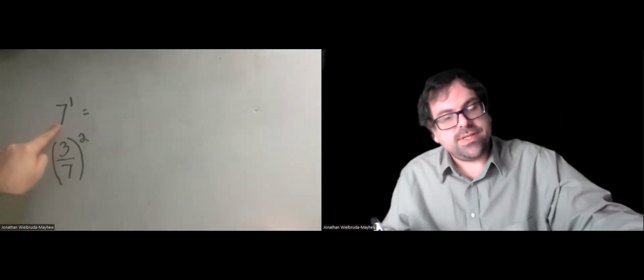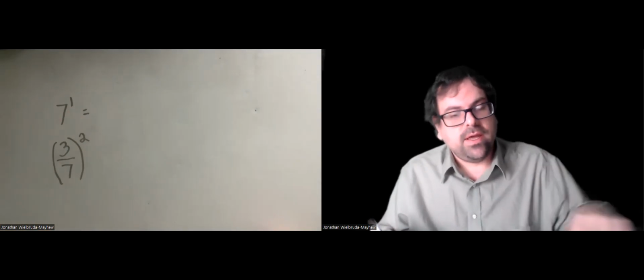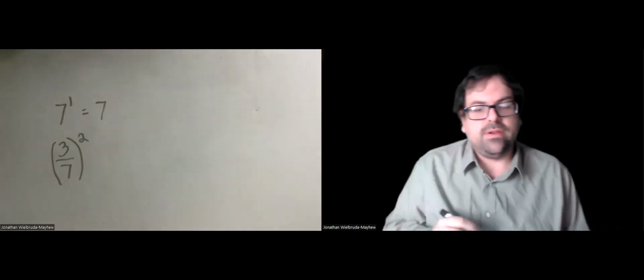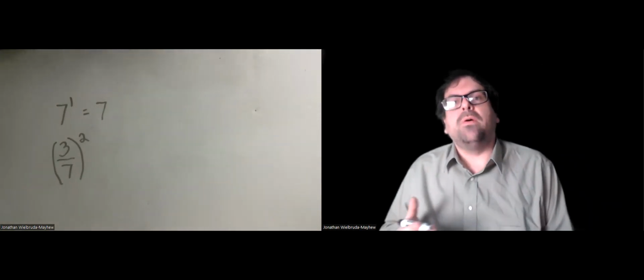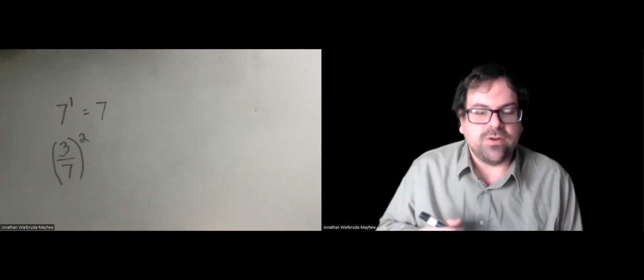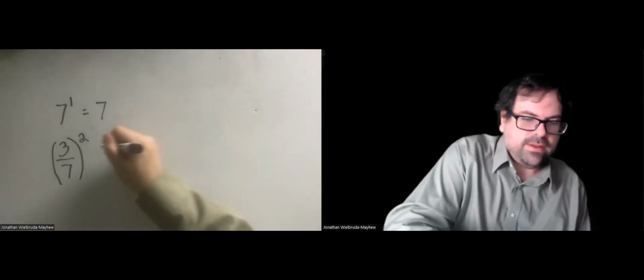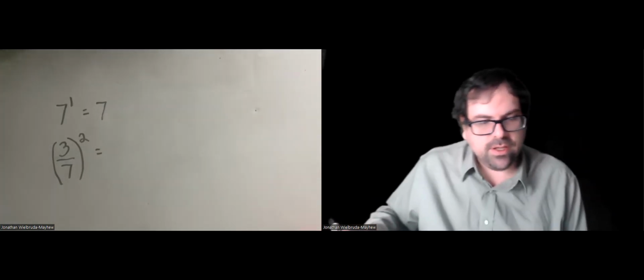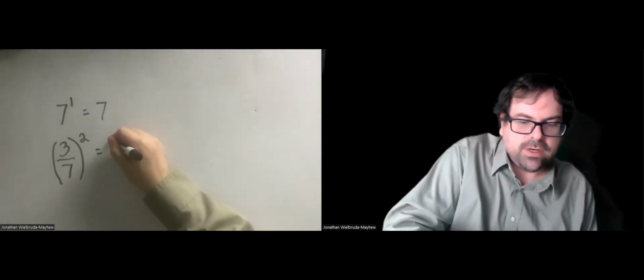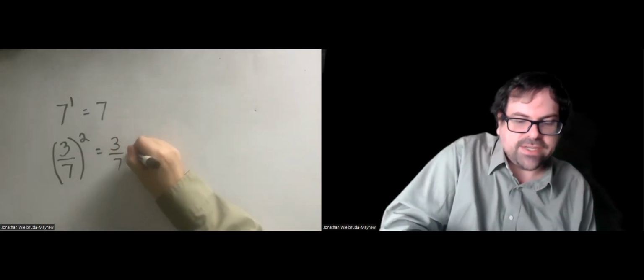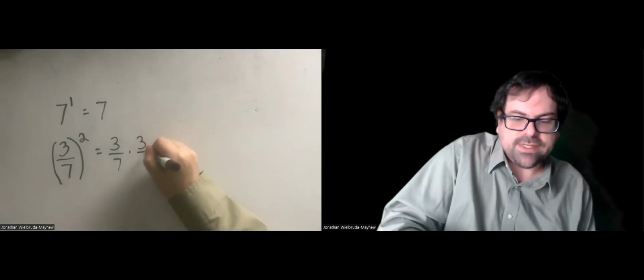First off, 7 to the first power. The exponent 1 tells us we just have a single factor of 7. So anything to the first power is itself. 7 to the first is 7. Now on to this fraction. 3/7 squared, 3/7 to the second power. That's 2 factors of 3/7.